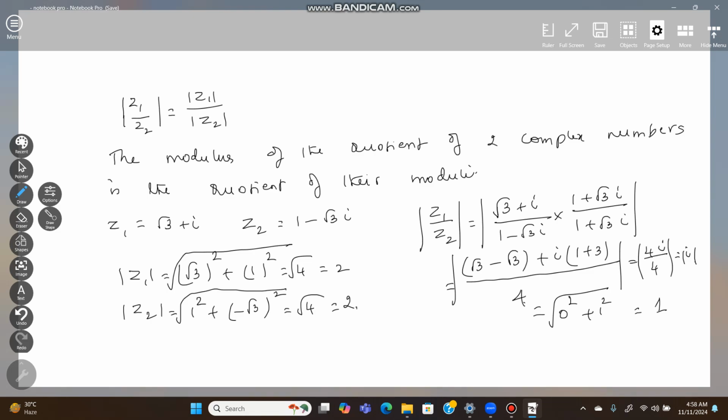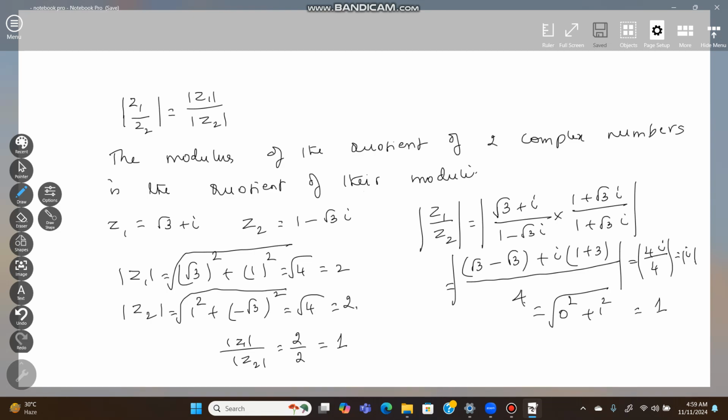Therefore, don't you see that mod z1 upon mod z2 is going to be 2 by 2, which is equal to 1. Hence, we have proved that the modulus of the quotient of two complex numbers is the quotient of their moduli.